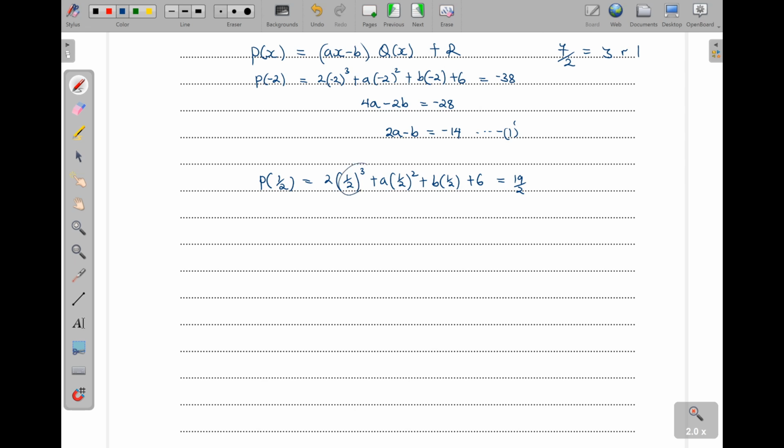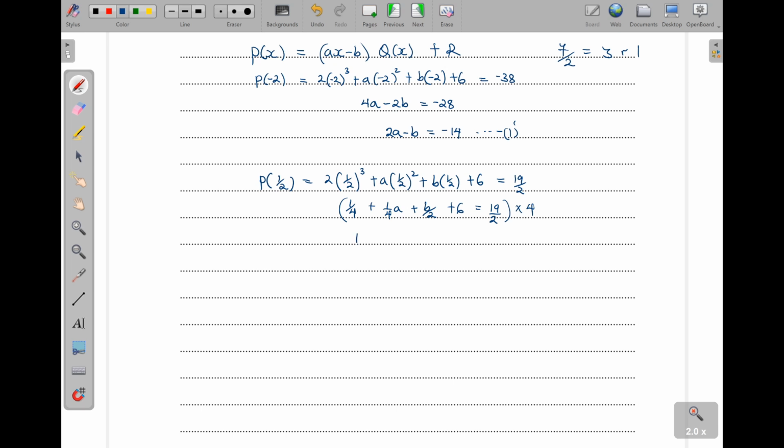Now, when I get this one, it will be 1 over 8, then times 2, that one becomes 1 over 4, and then plus also here 1 over 4 of a, then plus b over 2, and then plus 6. This one is equal to 19 over 2. So I can actually multiply everywhere by 4 because it is the LCM of 2, 1 here, okay, and the 4. So what are we going to have when we multiply? This one is over 2.